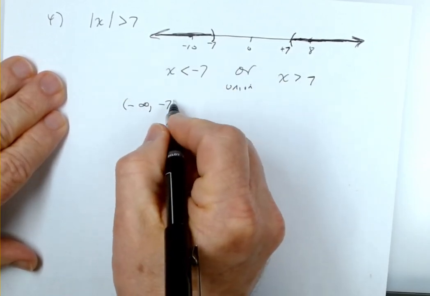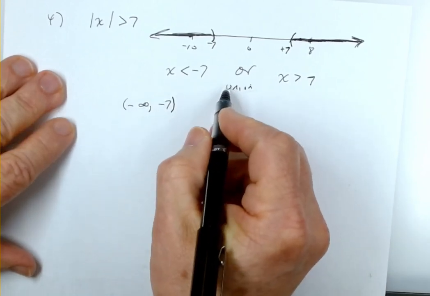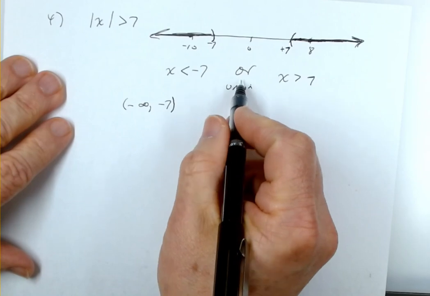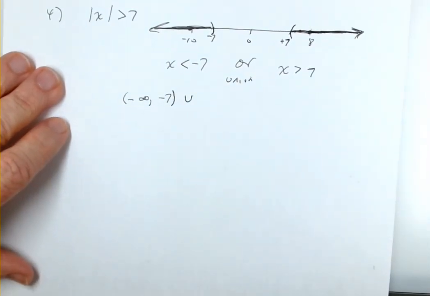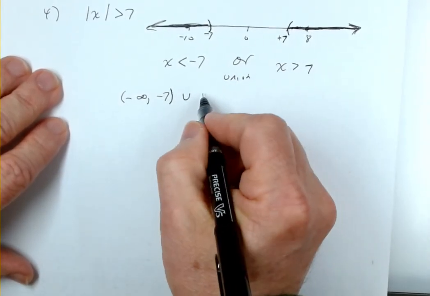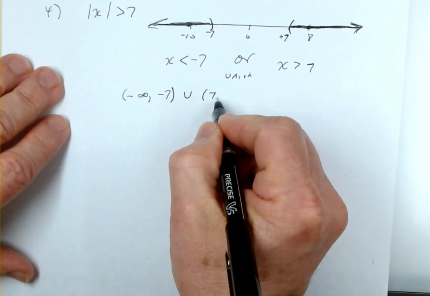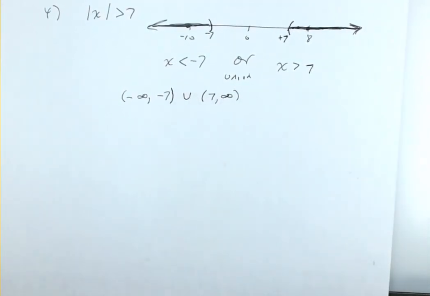Negative 7 with a parentheses. Remember we said or is union, right? So you're going to say U for union. And then what's this as interval notation? Parentheses 7 all the way to what? Infinity. Okay. Do you mind telling us how we're going to put the infinity in MyLab?